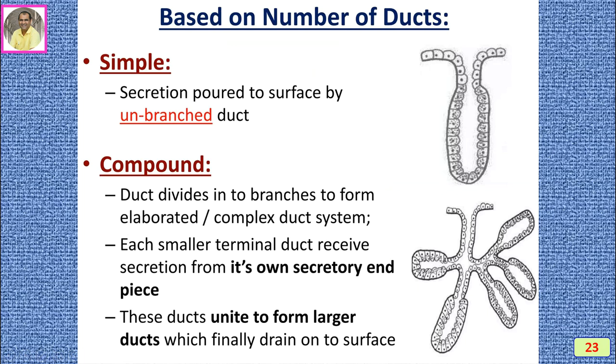Based on the number of ducts, a secretion poured onto the surface by an unbranched duct means a simple duct, whereas compound ducts are branched to form an elaborate complex duct system. Each smaller terminal duct receives secretion from its own secretory end piece, and these ducts unite to form larger ducts which finally drain onto the surface.